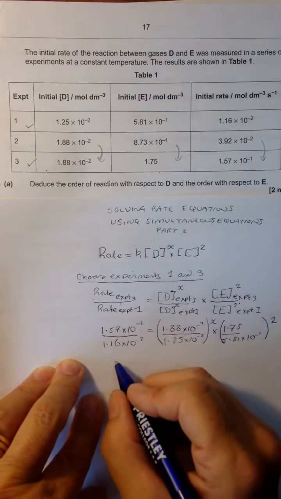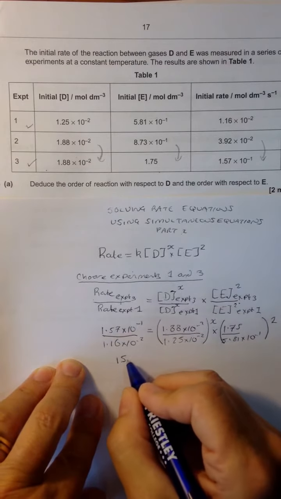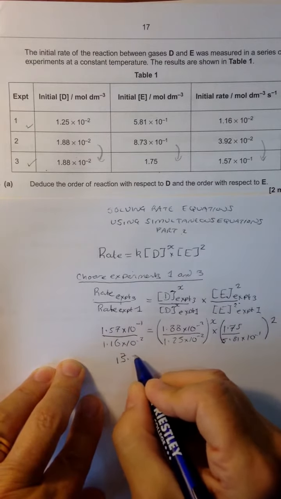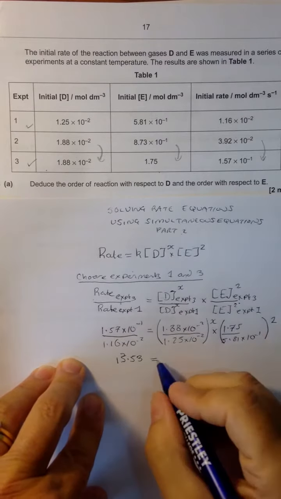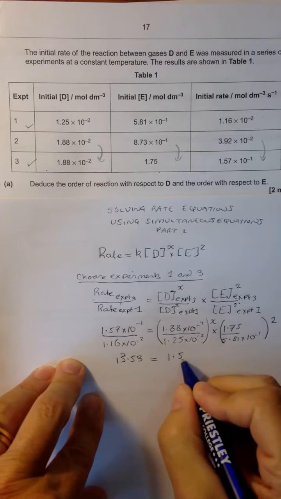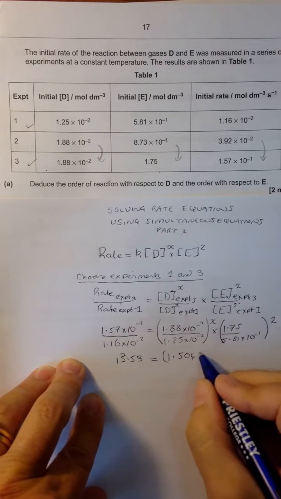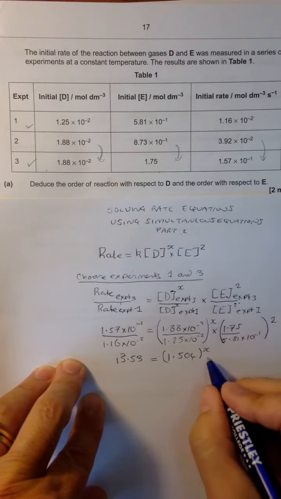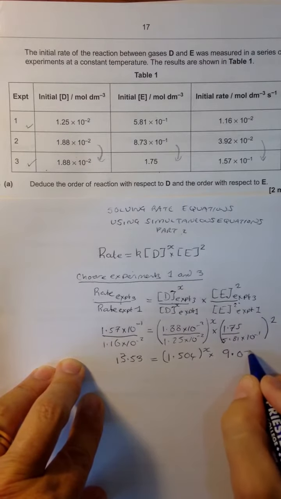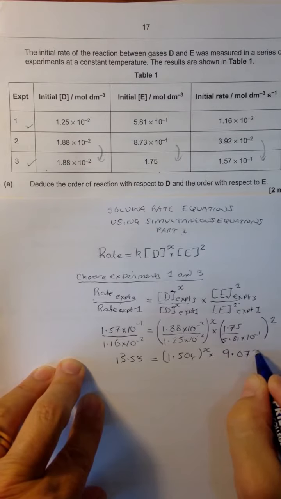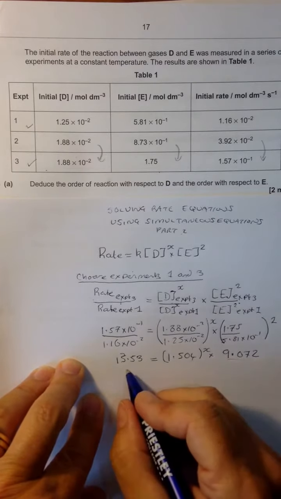Go to your calculators now. That simplifies to 13.53, and that simplifies to 1.504 to the power of X, because we still don't know the order, and this simplified to 9.072. Take this over to the other side.